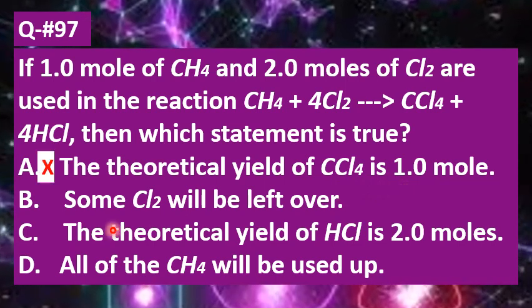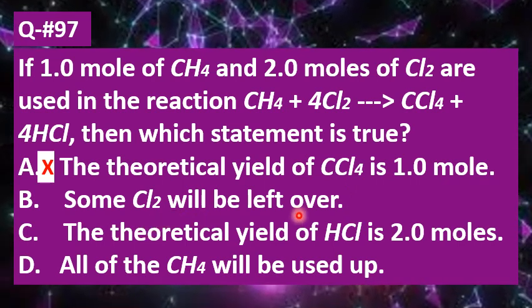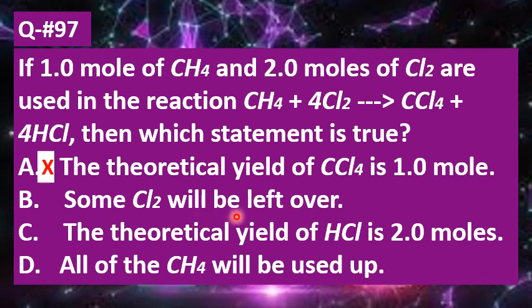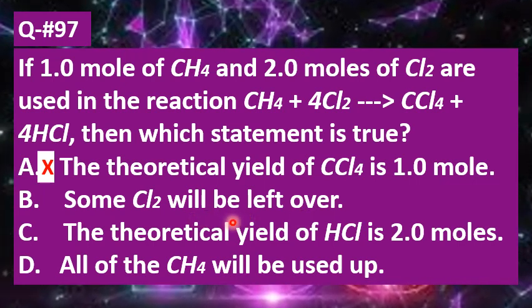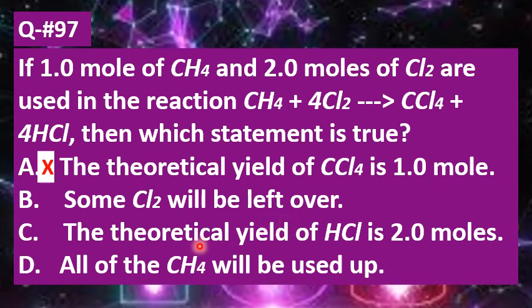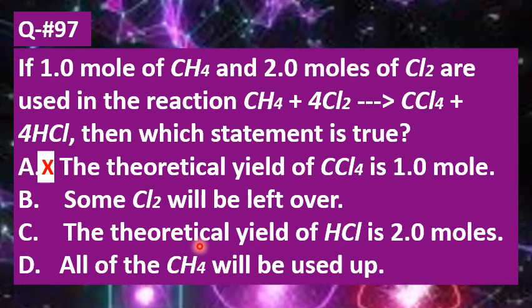Statement letter B, some chlorine gas will be left over. This statement is also incorrect. All the 2 moles of chlorine gas is used in the reaction. So, that's also incorrect.